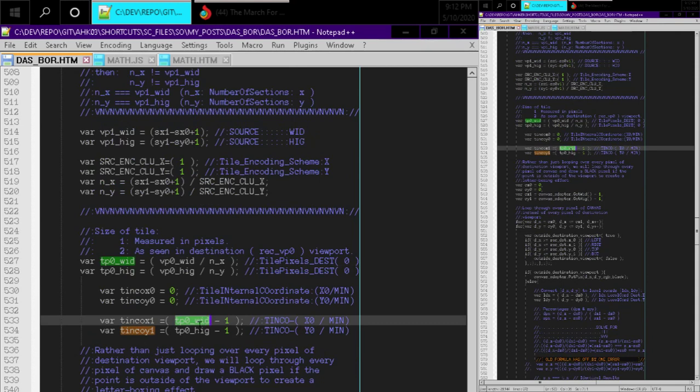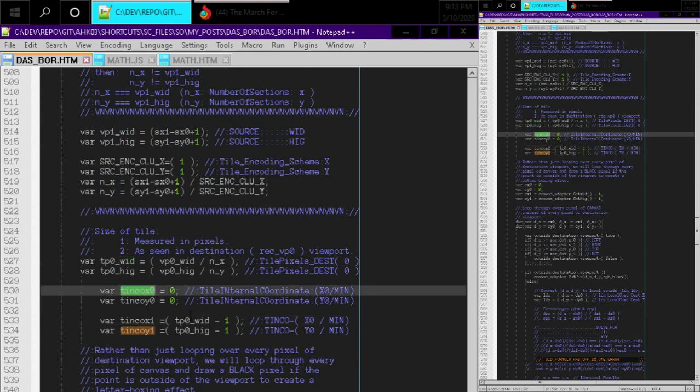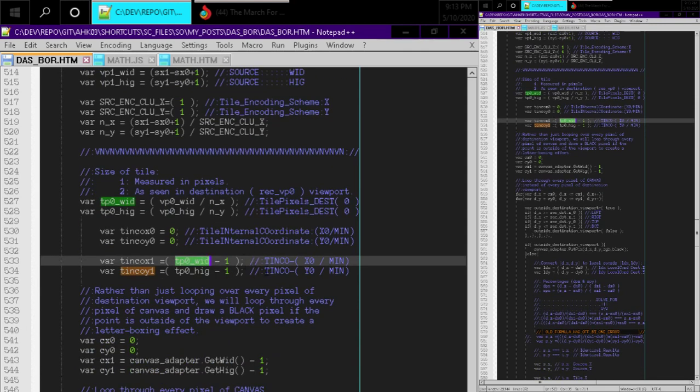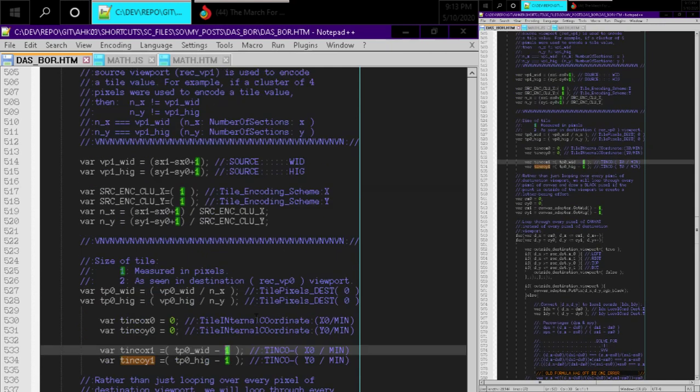The valid range would be 0 to the width, but not including the last value of the width. Like if the tile was 64 pixels wide, we would not want to include the value 64. It would be 0 to 63. But since we're messing with squashed pixels, not whole pixels, this minus 1 is some type of ratio that is probably smaller than 1.